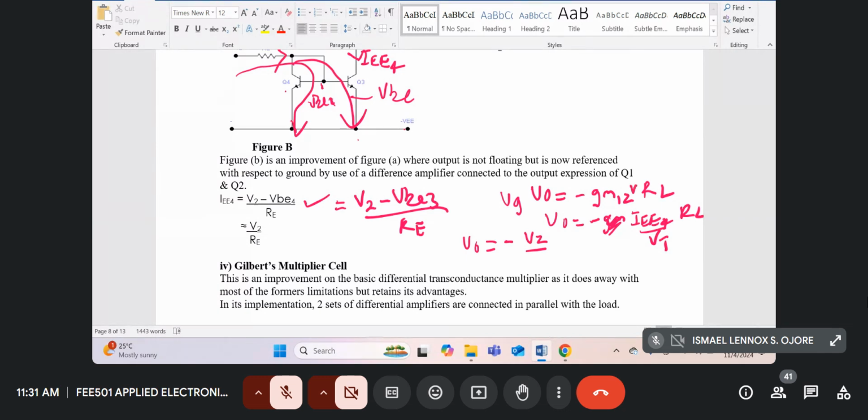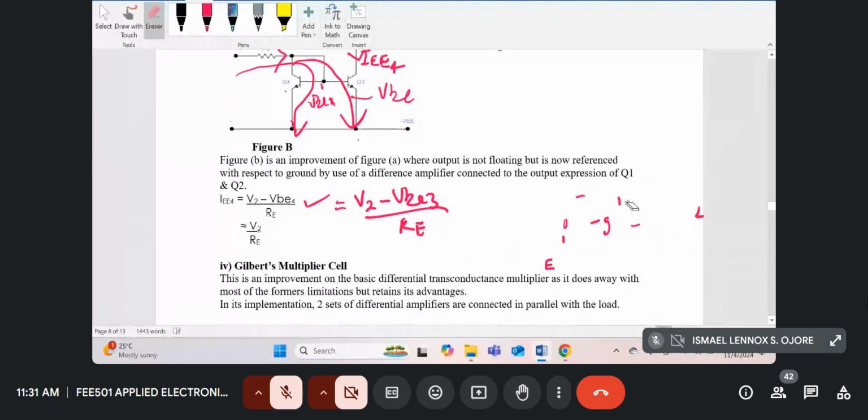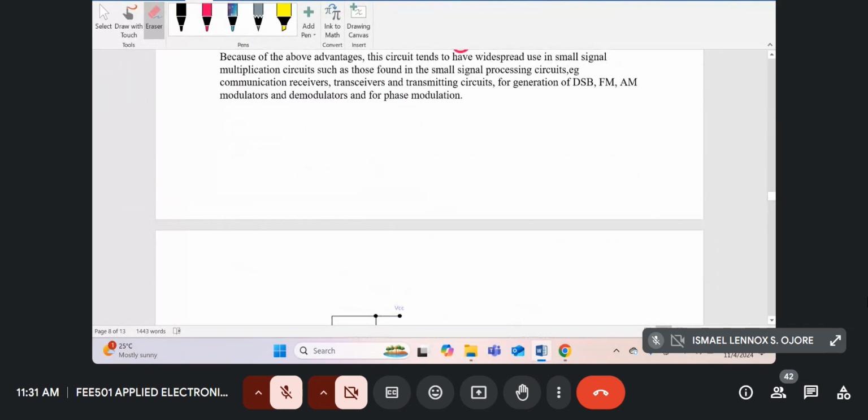Oh, there's a V1 missing here. Let me do it again properly.